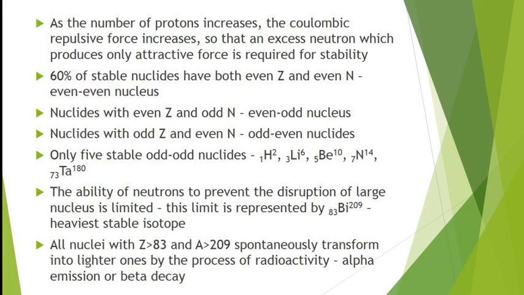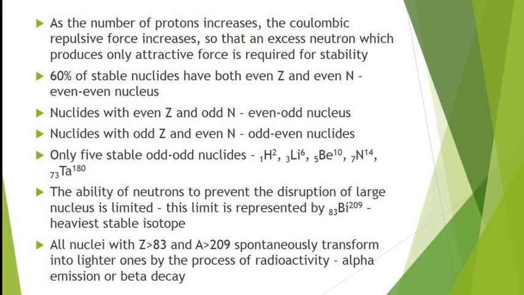And we have only 5 stable odd-odd nuclides. Odd-odd nuclides means Z is odd and also N is odd. And there are only 5 stable odd-odd nuclides, that are H-2 (Z=1), Li-6 (Z=3), B-10 (Z=5), N-14 (Z=7), and tantalum Ta-180 (Z=73). So these are the only 5 stable odd-odd nuclides.